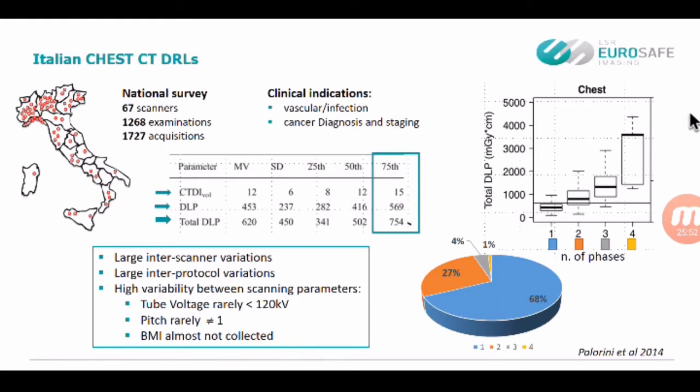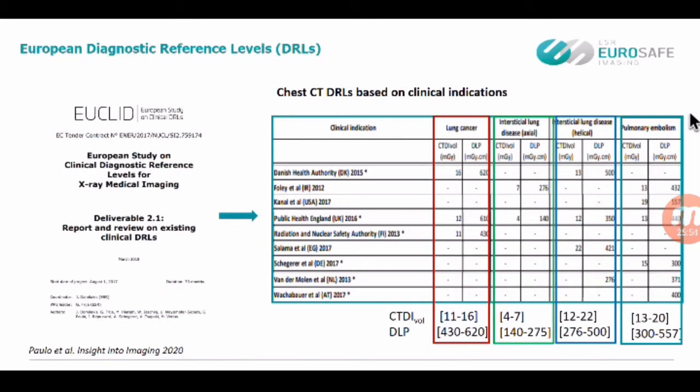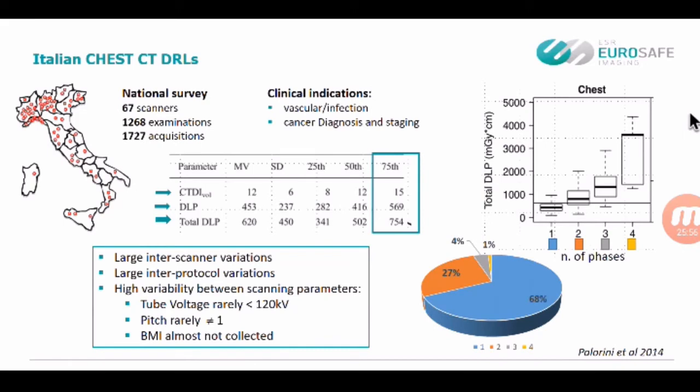And you see that every phase lets the dose increase considerably. In the study, we found also large interscanner variation and large protocol variation, and high variability between scanning parameters. Tube voltage rarely was less than 120 kV, pitch rarely different than 1, and BMI almost not collected.